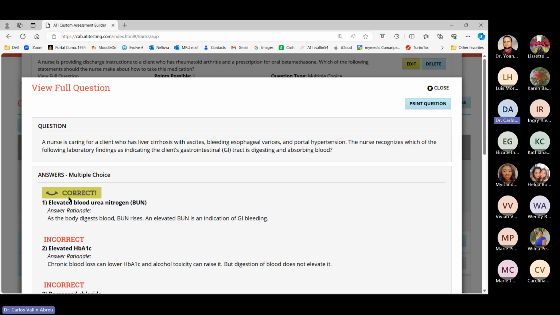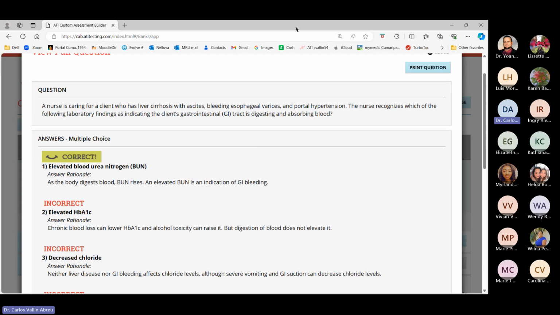And when a client is bleeding, the blood that is in the GI system is absorbed.